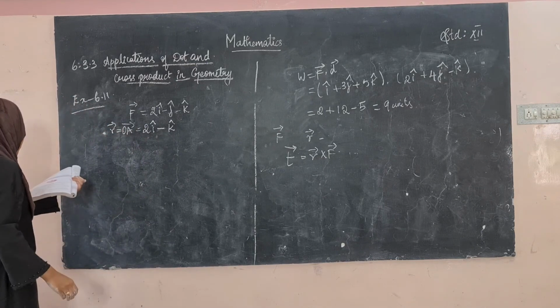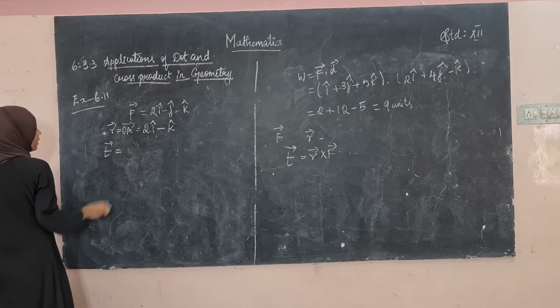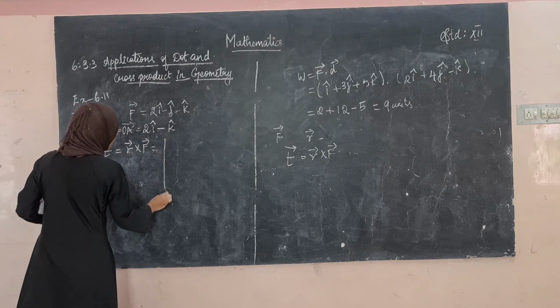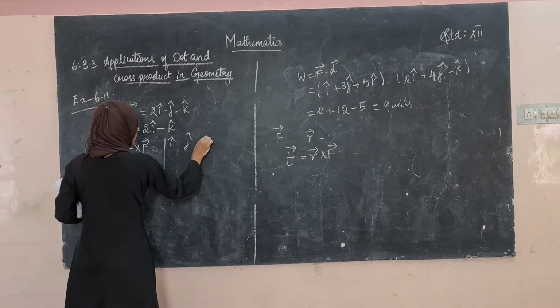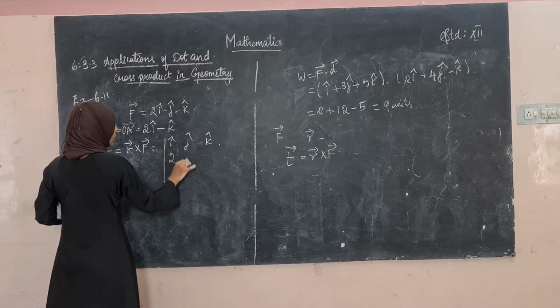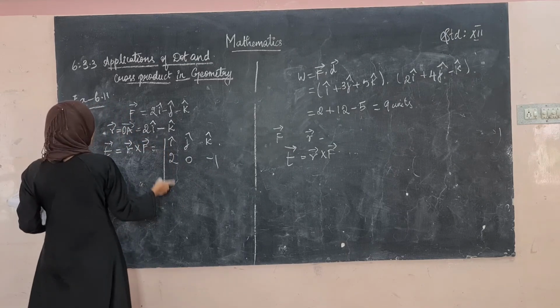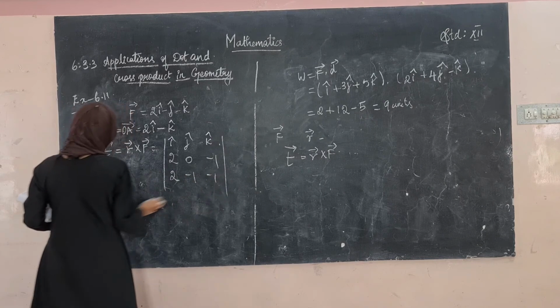Okay, so we are going to find the torque. T vector is equal to r vector cross f vector. How would you find the cross product? By using the determinant: i cap, j cap, k cap, r at first. So 2, this is 0, this is minus 1. So we are not having the coefficient of j here. And what about f? It is 2, minus 1, minus 1.